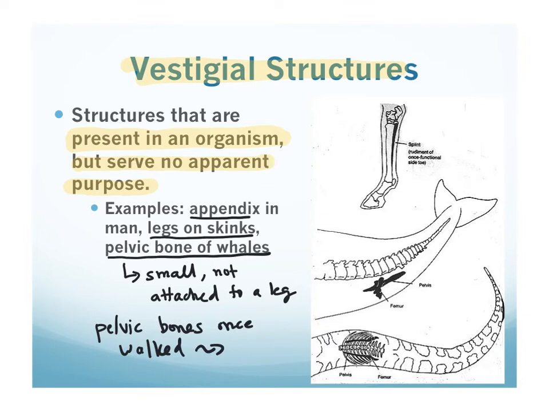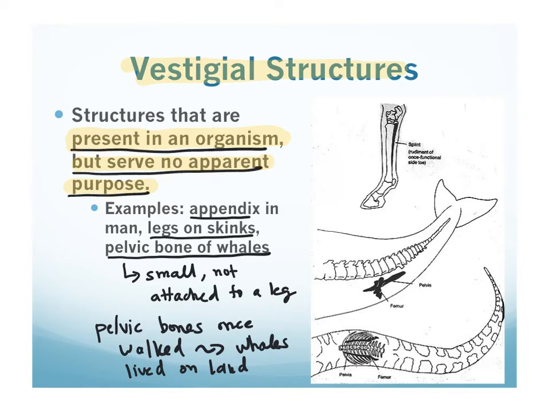So this suggests that whales might have lived on land at one time, and they evolved to not live on land. And if they evolved to not live on land, they no longer need to use that pelvic bone anymore. So vestigial structures happen to be present in an organism but serve no apparent purpose.